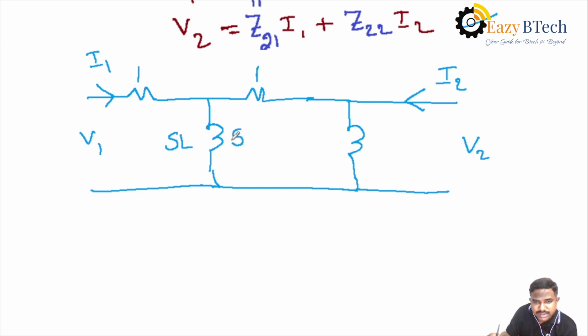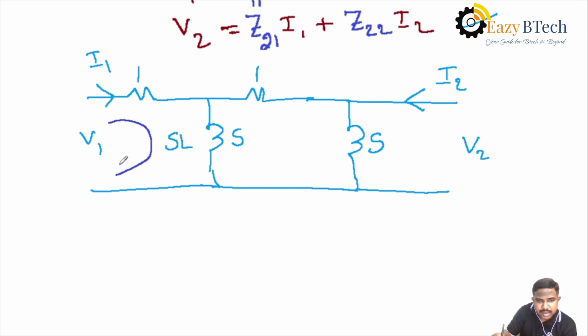That's why S into 1, it is S. Similarly, the second element is also S. Then this network is called the transformed network. Why? Because all elements are in the form of Laplace transformed elements, that is, in the form of S. For this circuit, you have to calculate the required parameters.